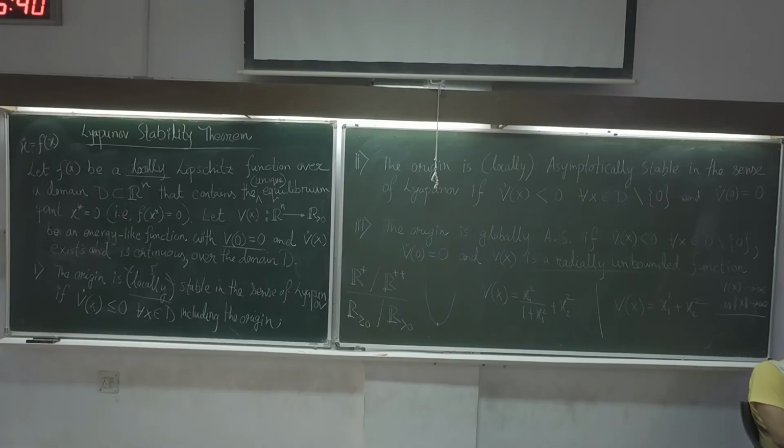And also you see here, suppose the values of x1 and x2 are both increasing, but the first term, x1 square by 1 plus x1 square, is not contributing towards infinity. It tends to 1. So this kind of function is not a radially unbounded function. That is the difference.